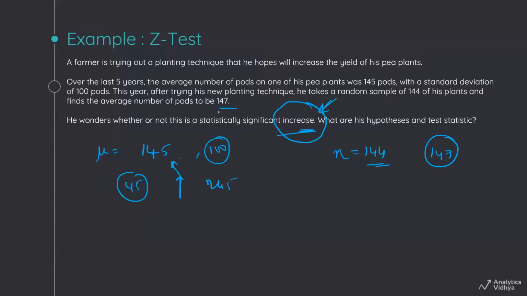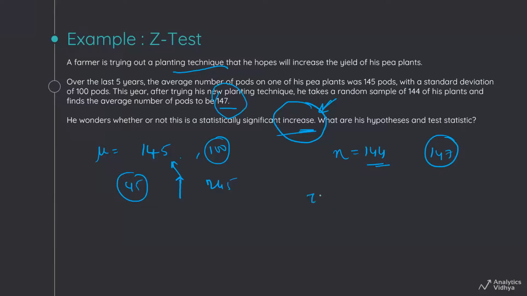Is this 144 number of samples sufficient to conclude that the new planting technique will work on every plant if he applies it? The intuition is to see whether the effect of this technique is by chance or is it really producing some effect. Okay, let's solve this as well.